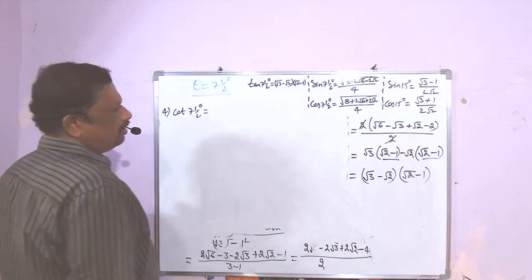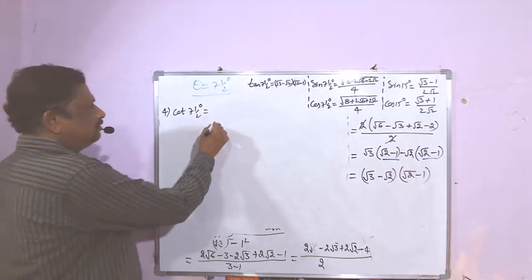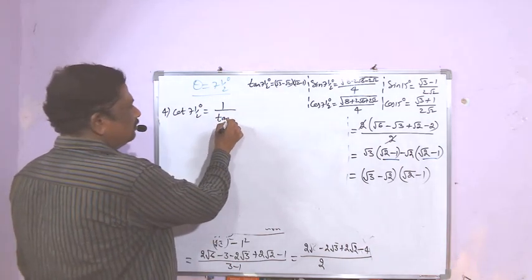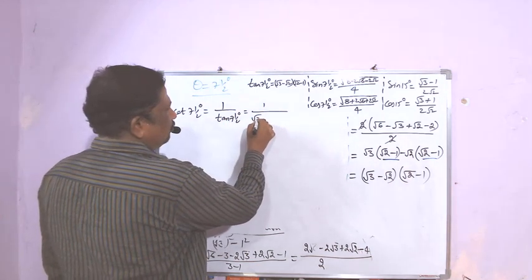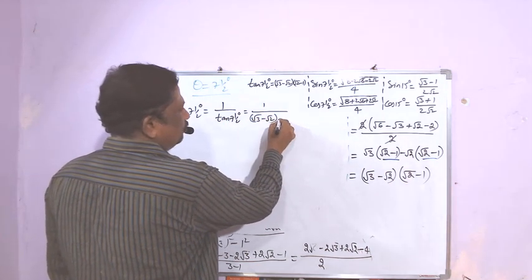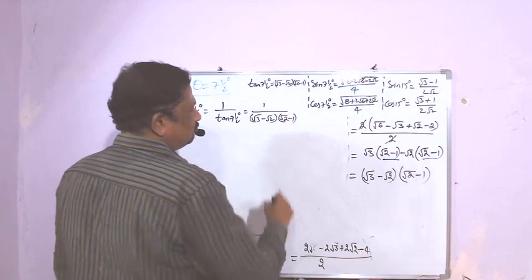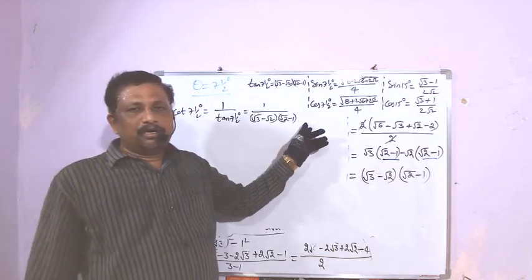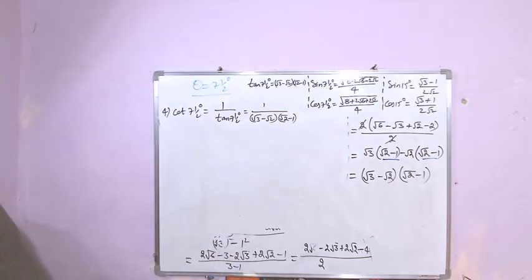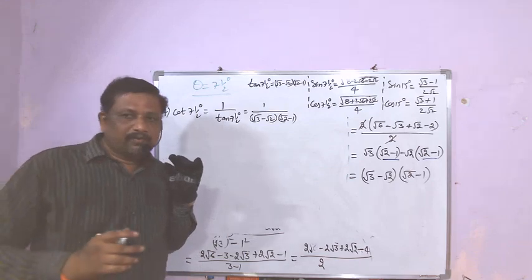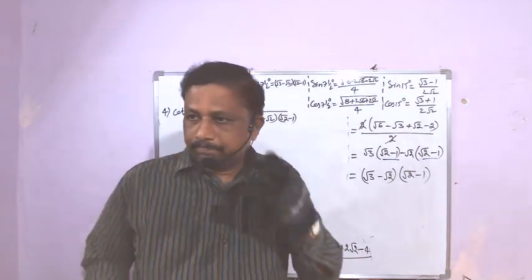It is the reciprocal of tan, 1 by tan 7.5 degrees. That means 1 by root 3 minus root 2 into root 2 minus 1. Multiply numerator and denominator by the rationalizing factor of the denominator.